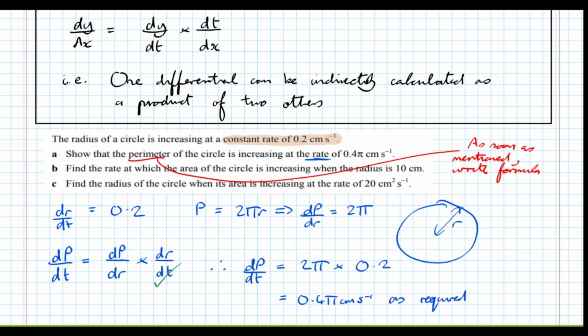So remember the steps we went through: write down all the information as it appears, find out what differential it's wanting us to find. In this case it wants us to find dp by dt. Form the product of two differentials, filling the gaps with the third letter not yet mentioned, then basically just go in for the kill.